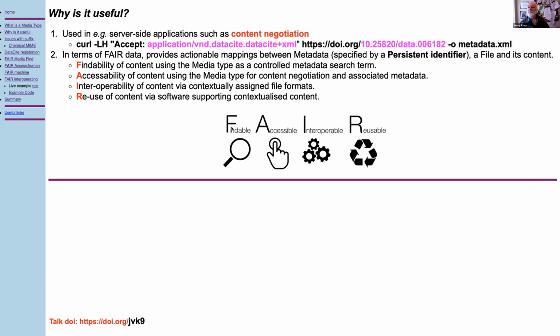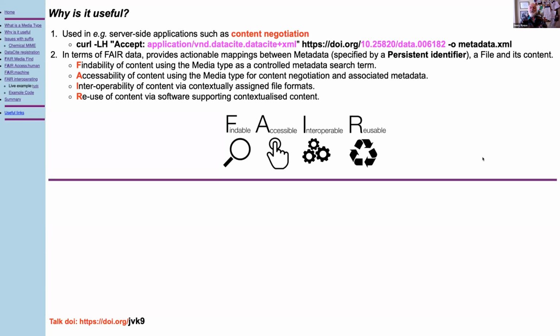And you can basically invoke that command line to get, in this case, metadata. To summarize, it provides actionable mappings between metadata as specified by a persistent identifier and a file content. So part of my screen looks good.